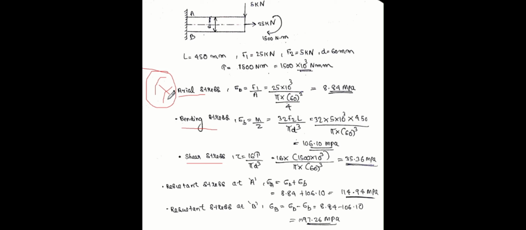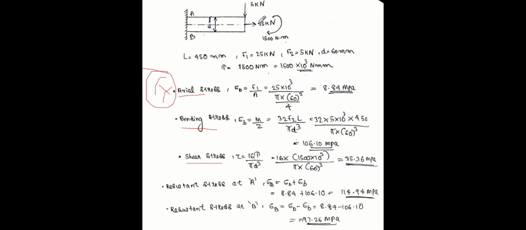Okay, this is the first step. Second is to find the resultant stress at A and B. When we take the resultant stress, we won't be considering the torsional load or torsion stress. This is the axial load and bending stress. In this type of problem, the resultant stress step is involved only when we have combined loading, that means both axial and bending.